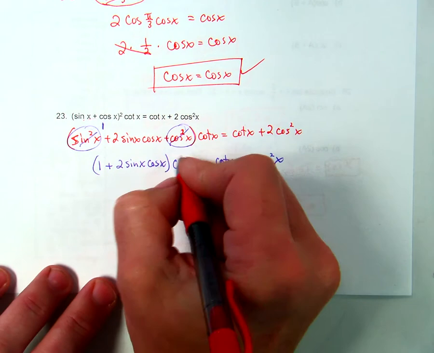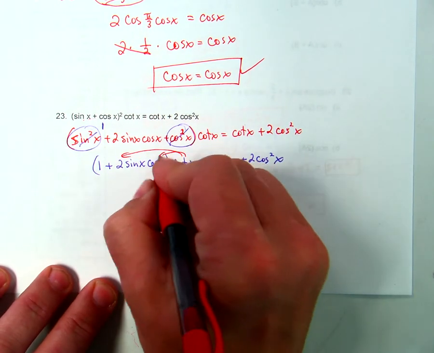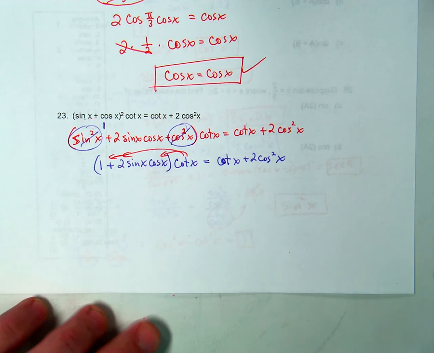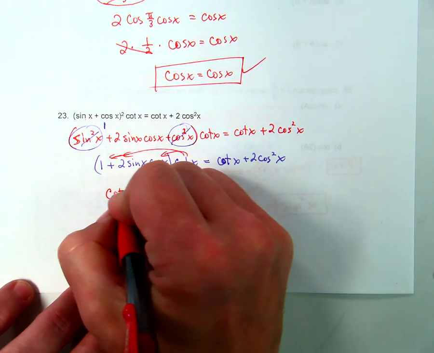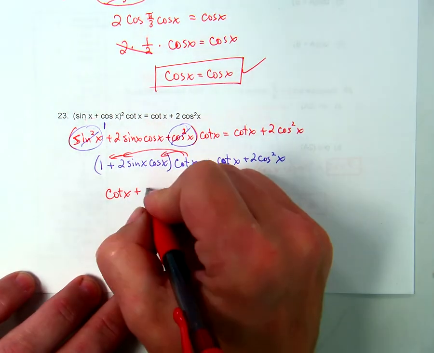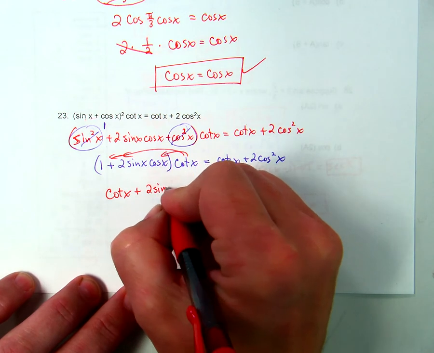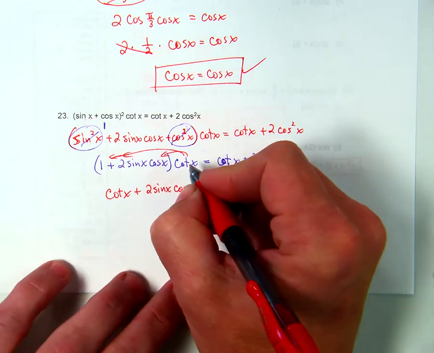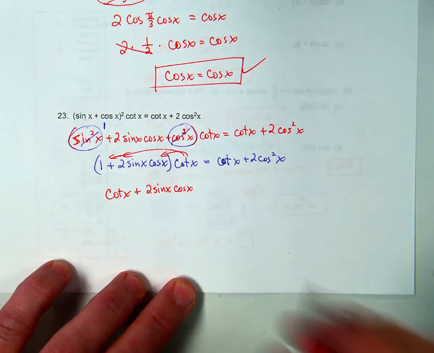I'm going to take cotangent and distribute it into both terms, right? All the way across to that 1. Didn't draw that far enough there. So cotangent x plus, and then at this point, I'm going to say this is 2 sine x cosine x, but I'm going to change cotangent to a sine or a cosine identity, right?